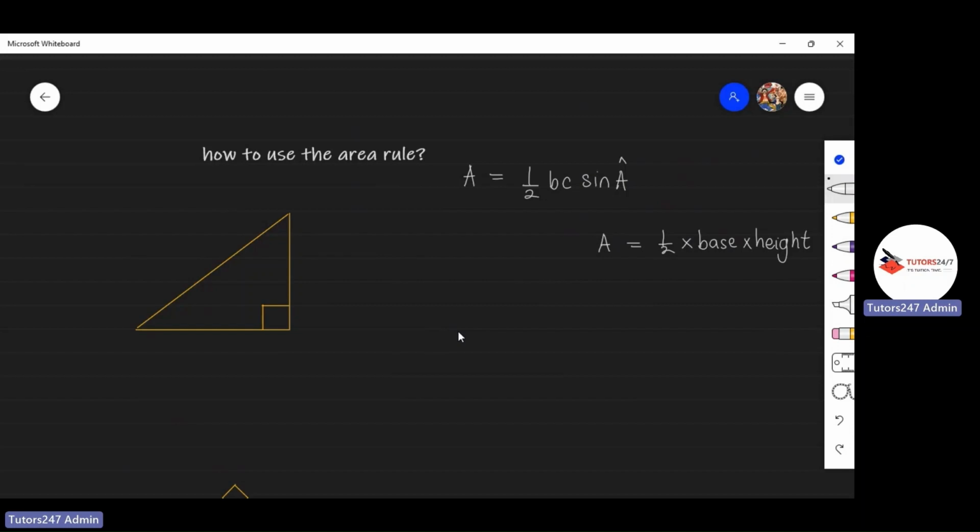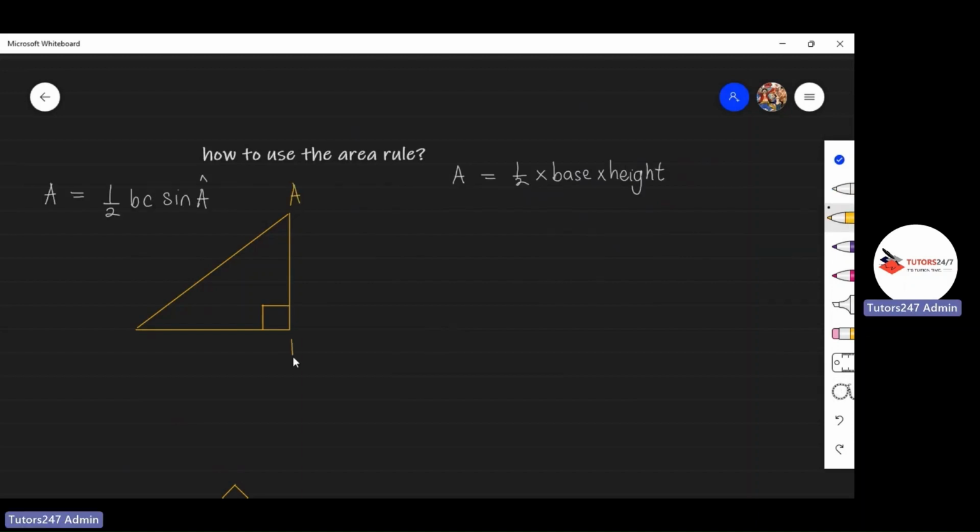And we'll see if we get the same value or a different value. So let's have this as A, B, and C. Let us give this a value of 10 centimeters and this a value of 5 centimeters.